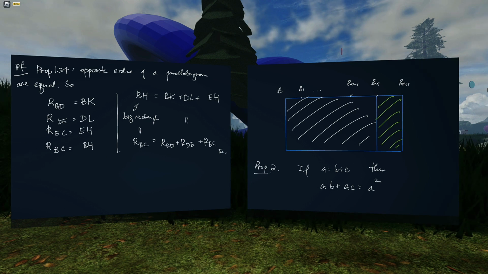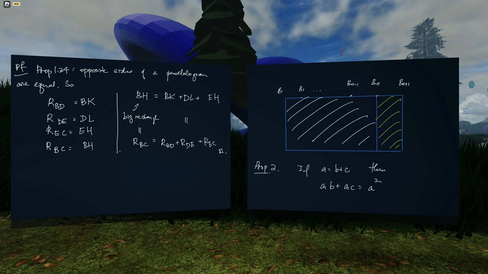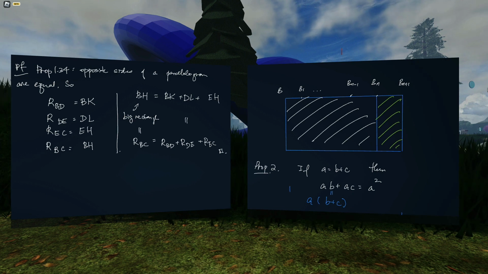So if we use proposition 1, if we do this algebraically, then it's really the same thing. But maybe the point is that Euclid doesn't have algebra. If you want to do it geometrically, you can't really do the factorization that I'm about to do. Just pull out the A, put B plus C there, and then use the fact that, actually, this is from proposition 1.